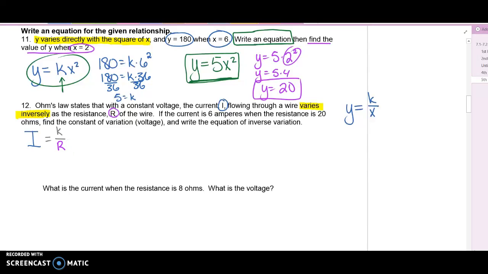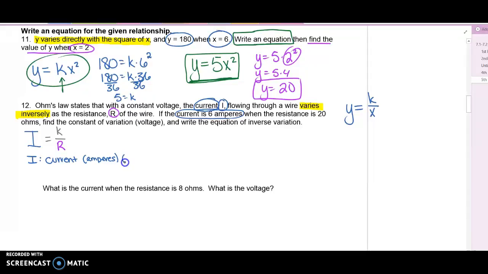Now I'm going to look through here and find out everything I possibly can about I. So I is the current, and if I look through here, I see the current is 6 amperes. So the label is amperes, or amps.